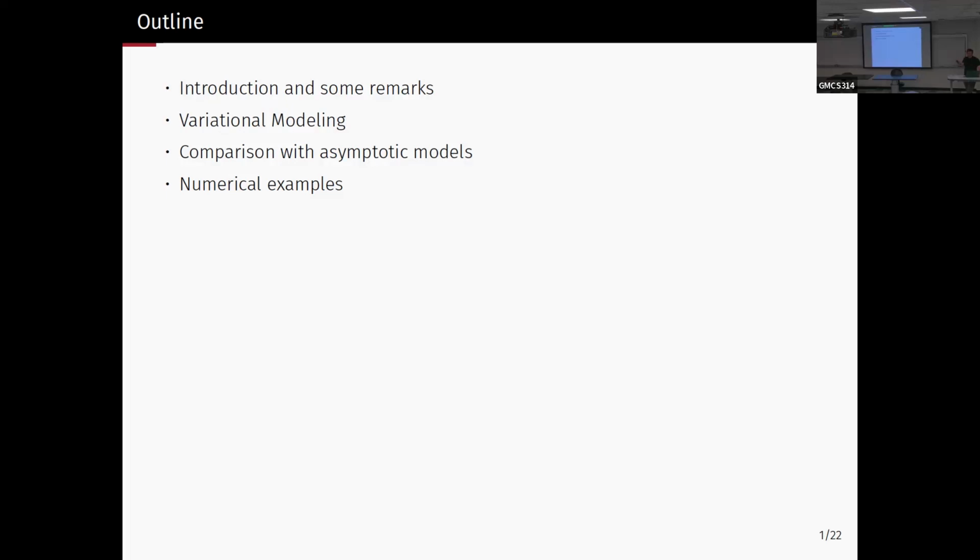I will make some remarks about what is known, the state-of-the-art model that we use today, and then I will introduce a modeling approach using variational methods to derive model equations. I will discuss and compare on an analytical level with other existing classical and recent asymptotic models, and I will close with some numerical examples.